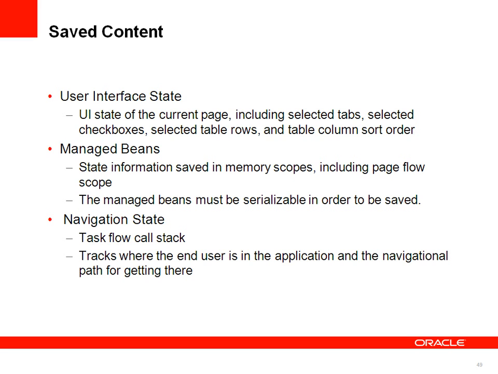If the managed bean is in one of the ADF task flow memory scopes, then this will also be saved. Just make sure it's configured to be serializable, because that is required for it to be saved. Navigation state is also saved. So if you have a bounded task flow that is opened by another bounded task flow, by another bounded task flow, eventually opened in a dialog, then this state is also snapshotted.